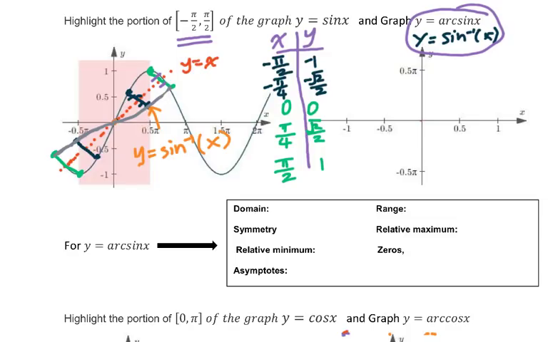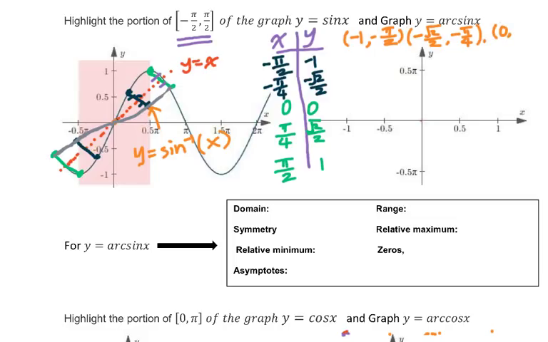Then we switch x, y, and we get the following coordinates. Negative 1, negative pi over 2. Negative square root of 2 over 2, negative pi over 4.